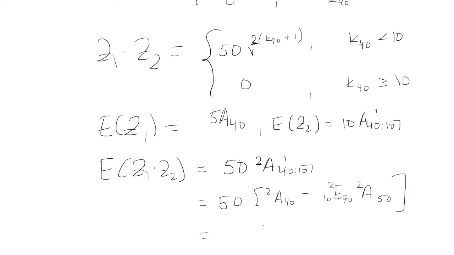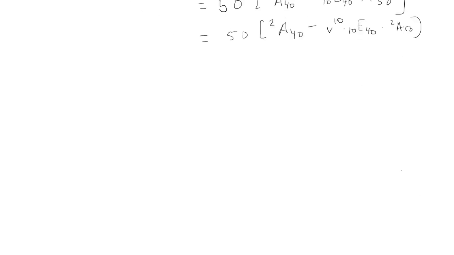So for the 2E40, we can represent that as V10 times 10E40 times 2A50. And we can grab all the information from the standard ultimate life table to get 0.21831.